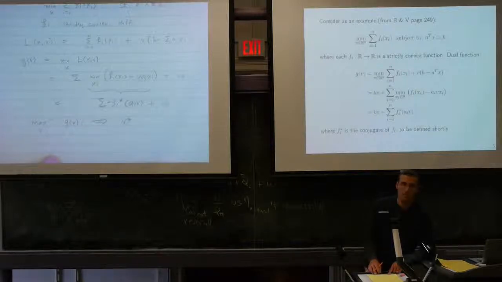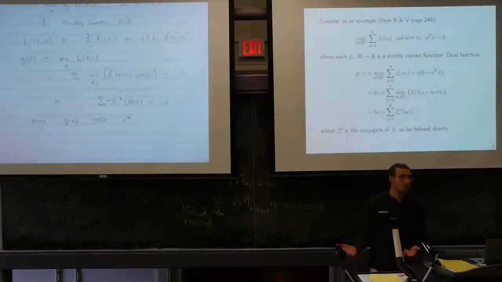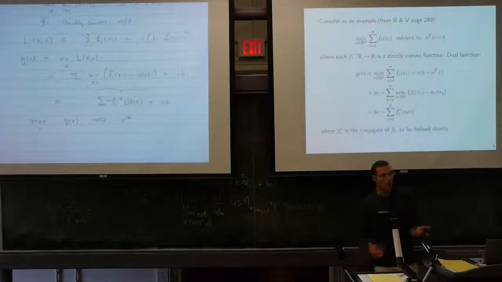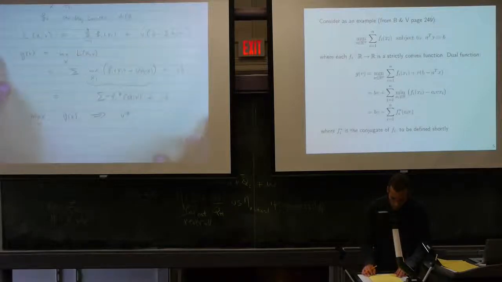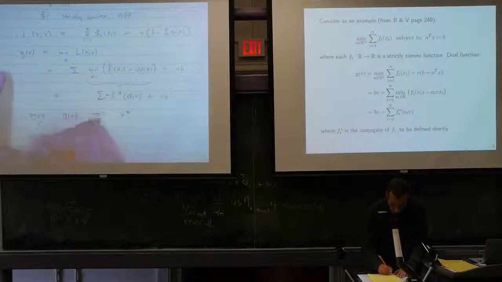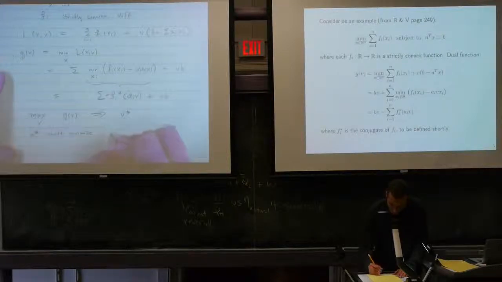So how would we get x star from it now? We didn't really care about v star. That wasn't of interest. We cared about the primal solution. Well, we go back to the Lagrangian, and we plug in v star. And we say that x star must minimize L of x, v star over x.